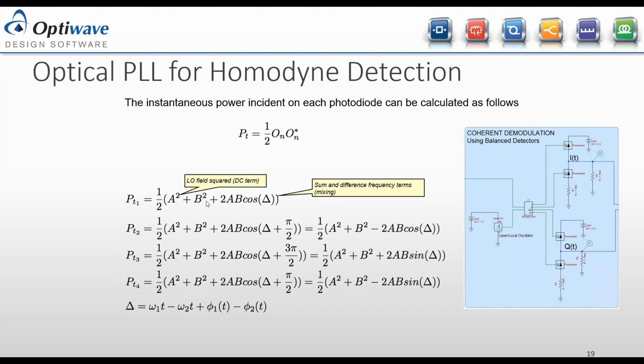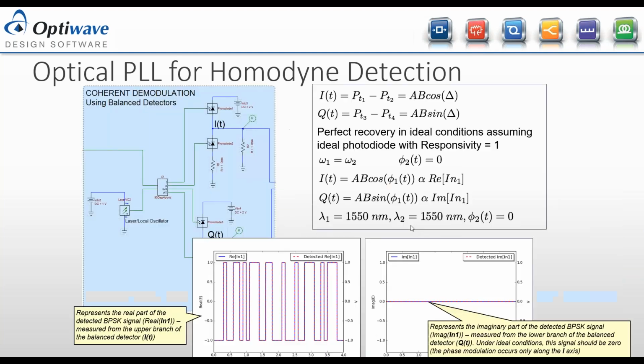You get a constant shift and then a varying signal based on the difference in phase or difference in frequency. And every output has a different phase relative to each other.